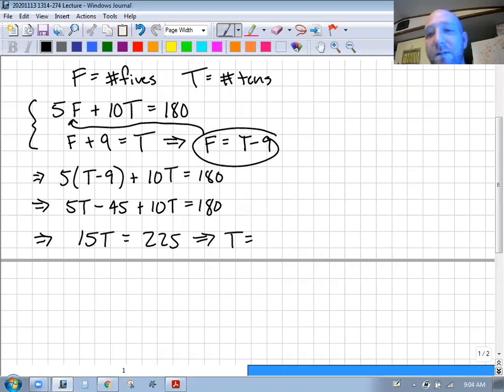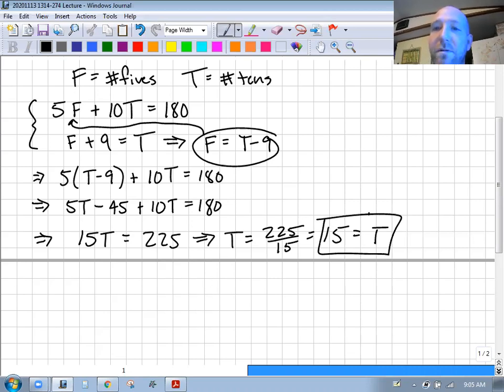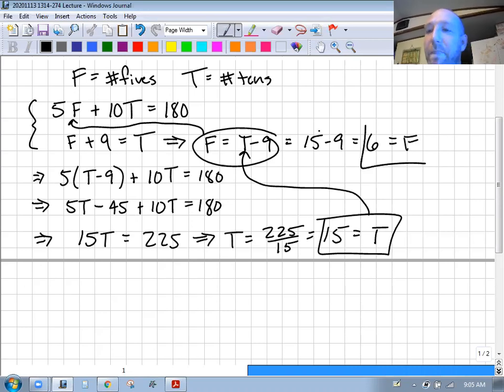So t is 225 over 15, which is 15. So now you know what t is. 15 minus 9 is 6. So we have 15 10s and 6 5s.